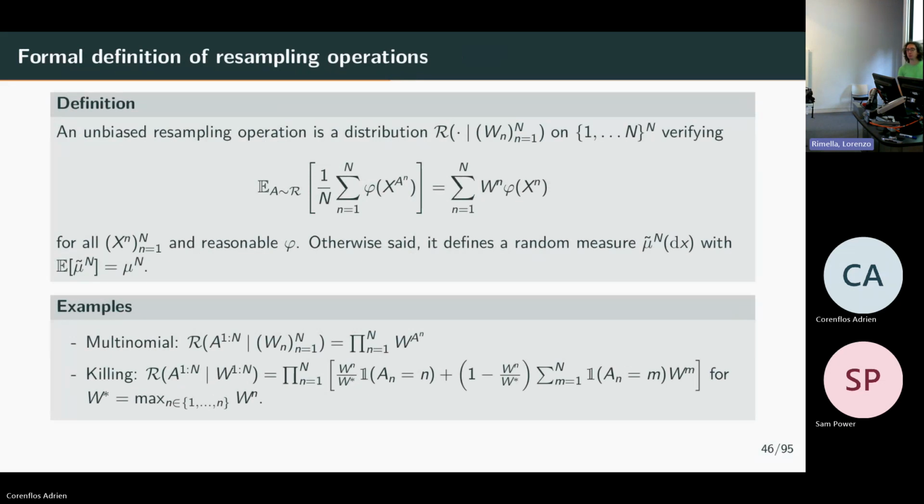It's a mixture of something and the multinomial. For particles that you resample from the killing, if you want them to be disjoint, you have to be careful. Yeah, because in the conditional SMC, you would have to be careful, but in the standard one, you don't care.